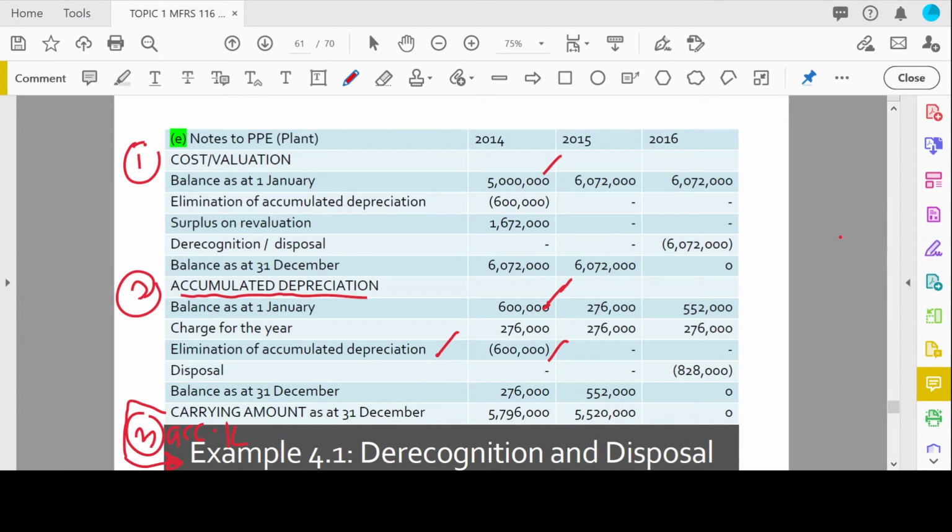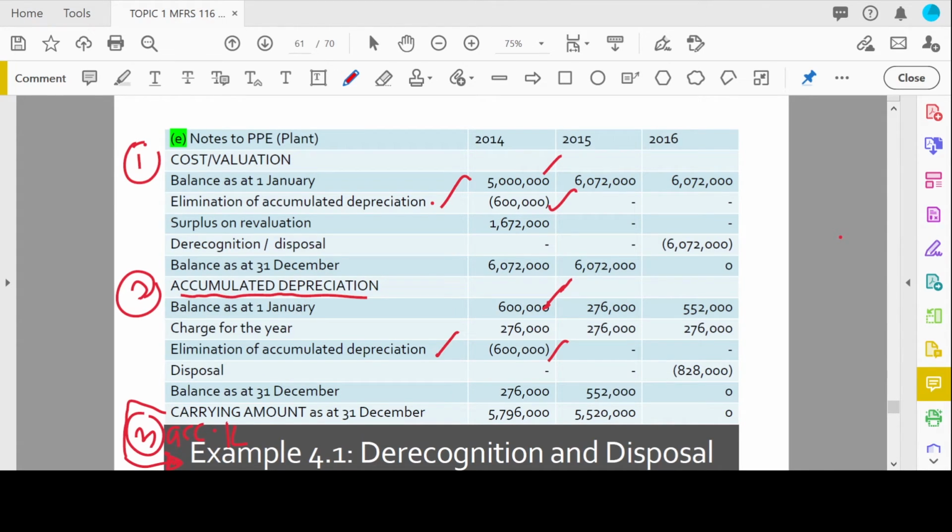The next entry, debit accumulated depreciation, then credit PPE plant, credit the asset account, meaning that you reduce your asset account. How much? Same amount, 600,000, for the elimination of accumulated depreciation.